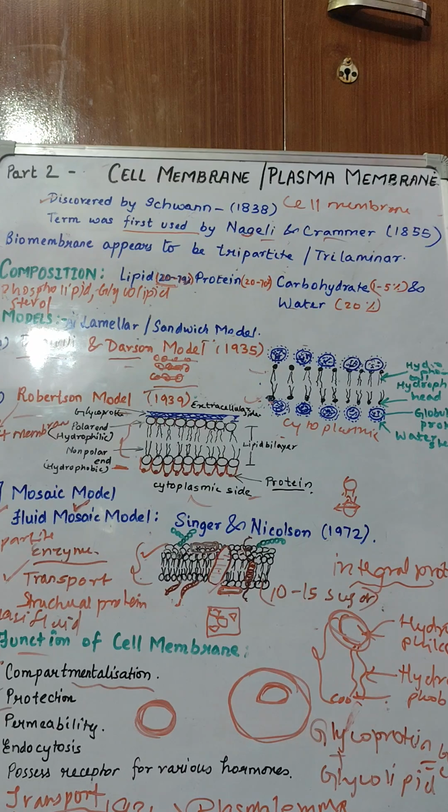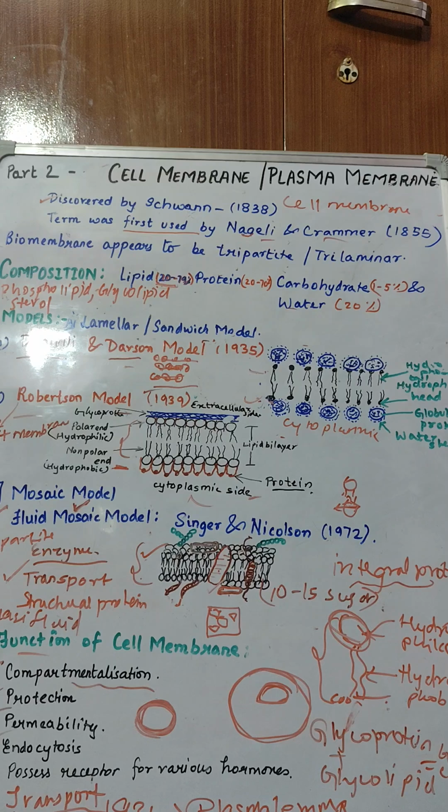Then next is endocytosis. What is endocytosis? As we all know, endocytosis and exocytosis, the movement of molecules toward the interior of the cell is endocytosis, and the plasma membrane is going to work like a vesicle. It's going to form a vesicle and it will allow some molecules to enter inside the cell. So that is the process of endocytosis, and here the plasma membrane also plays an important role. It contains many kinds of receptors for the various hormones.